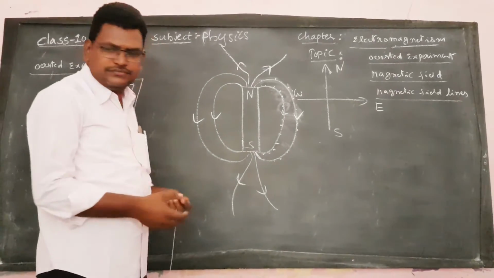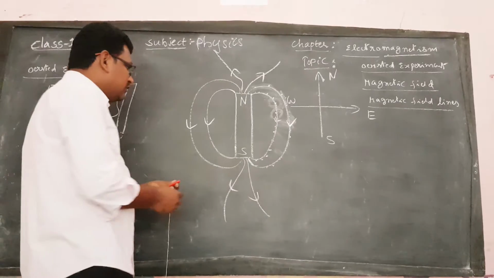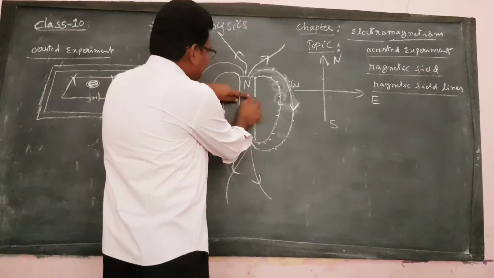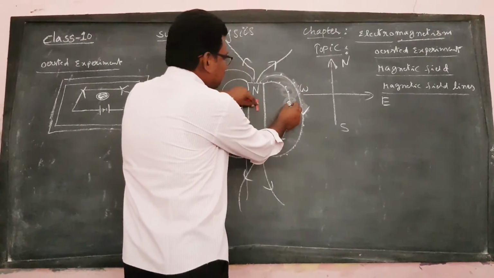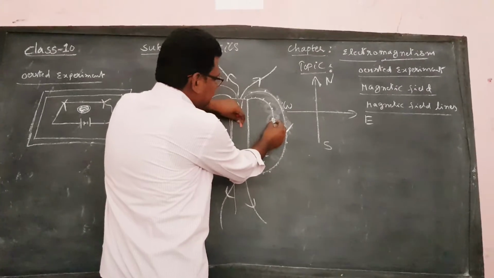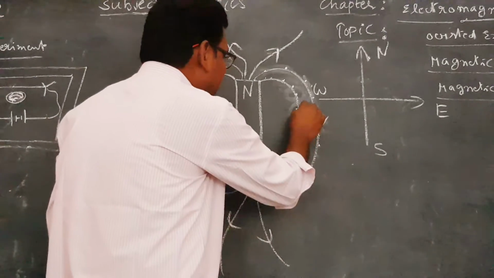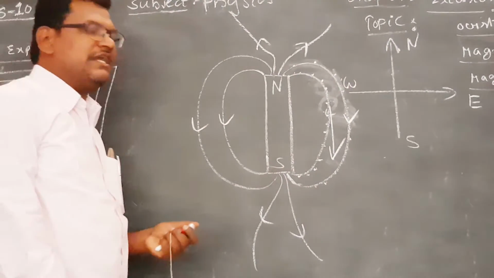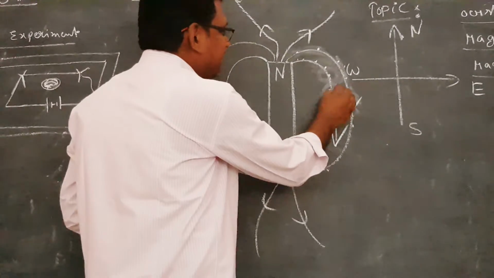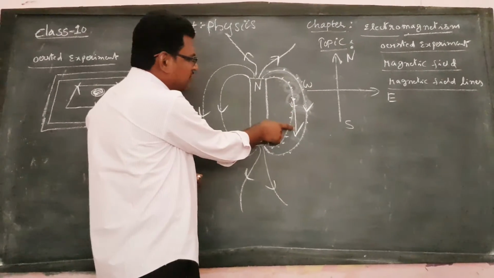To know the direction of a magnetic field, we take the magnet and place a compass box here. In the compass box, the magnetic needle shows one direction, and that is the direction of the magnetic field at that point. How is this direction drawn?